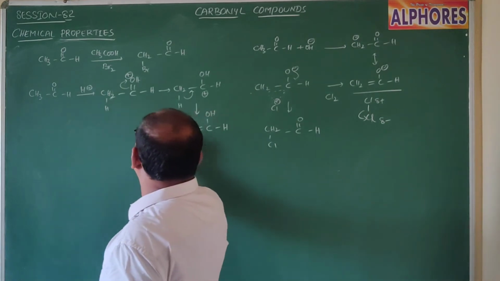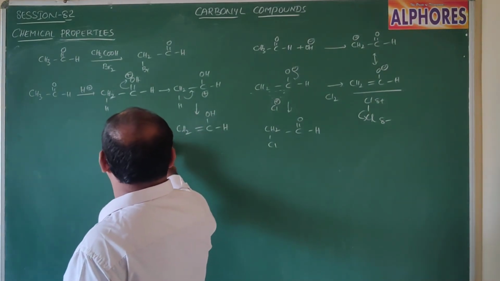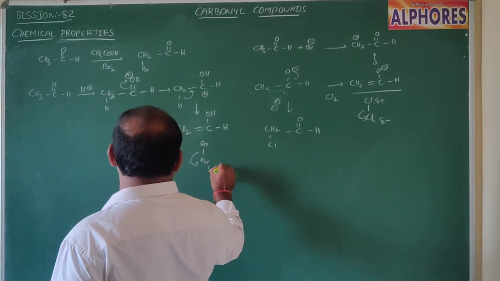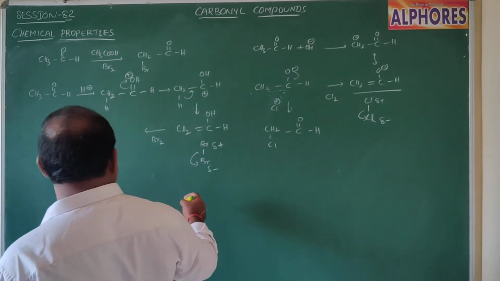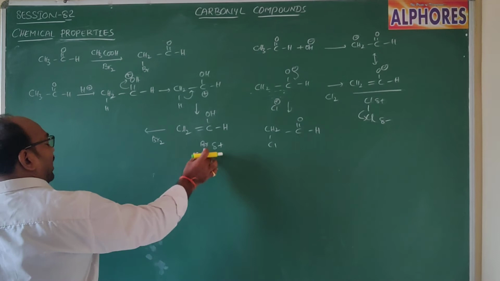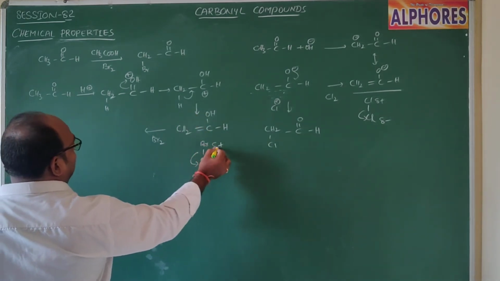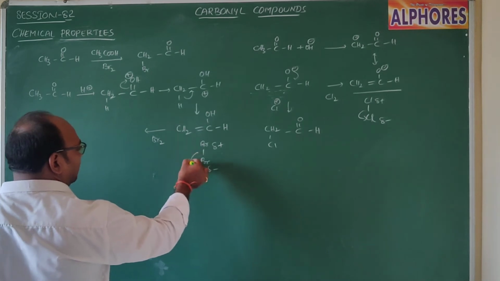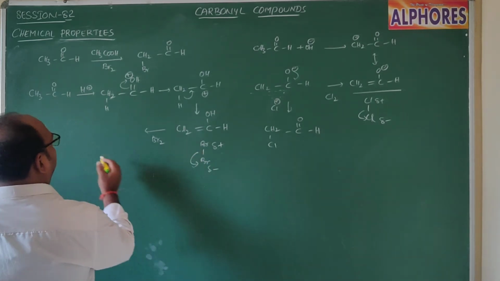And here again Cl2 or Br2 approaches, and this Br2 molecule approaches here. This one gets partial negative charge and this one gets partial positive charge. So when it approaches the double bond center, this Br acquires more and more positive charge. This Br acquires more and more negative charge because the sigma electrons are shifted towards bromine.